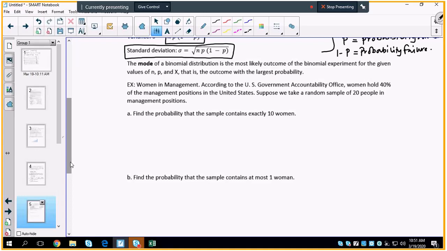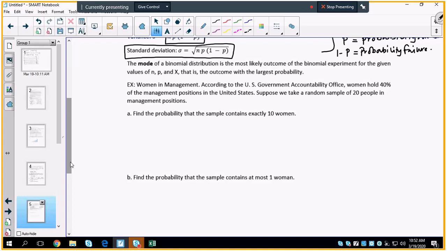Well, think about it. You have a sample of 20 people. You are asking them, are you a manager and a woman, or are you a manager and a man? So if you have a woman, then it's a success because that's what you want to know. What is the probability that the sample contains exactly 10 women? And the failure is if the manager is a man.